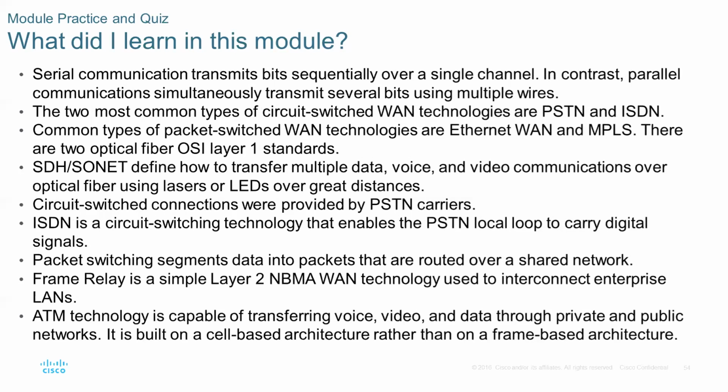We discussed the differences between circuit switched and packet switched. We had a look at the history of wide area networks that came out of telecommunications. So everything was based on dedicated voice channels, which were 64K voice channels.